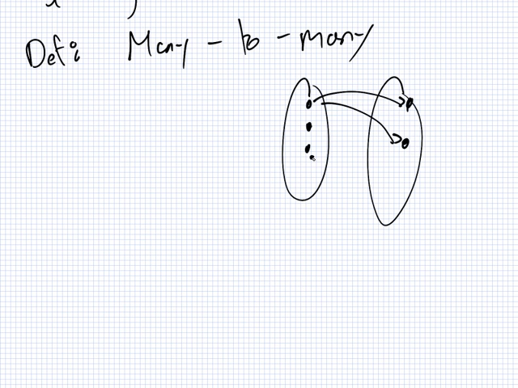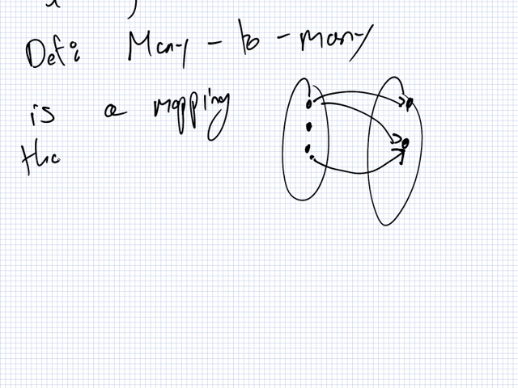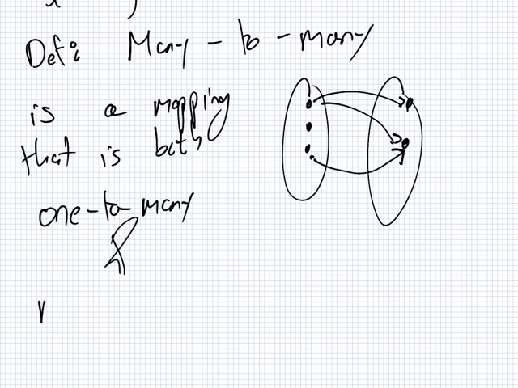So like it could even just go to, say, this one here. So many to many is a mapping that is both one to many and many to one. Like we'll see in a moment.